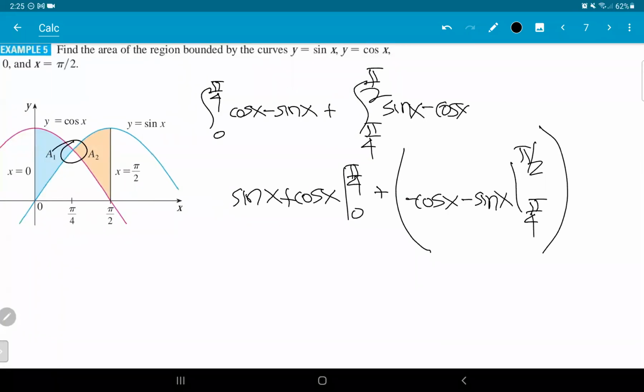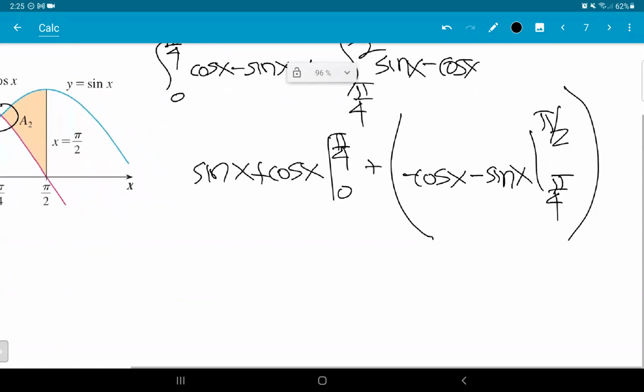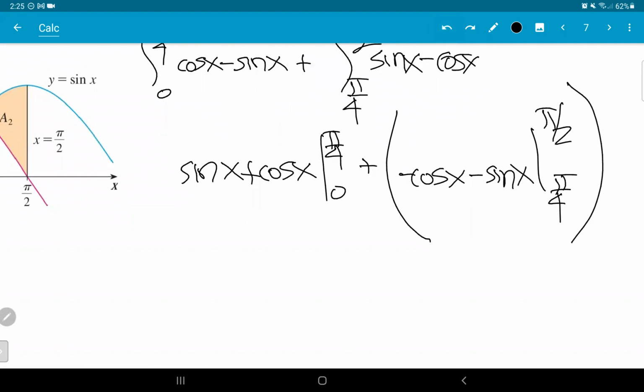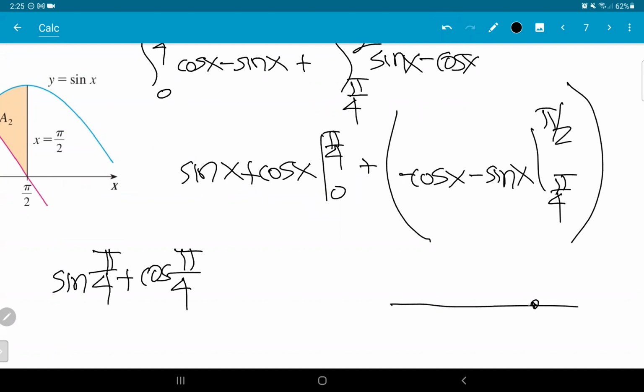So let's evaluate those quantities. For the first part, we have sine pi over 4 plus cosine pi over 4. And then we substitute 0.